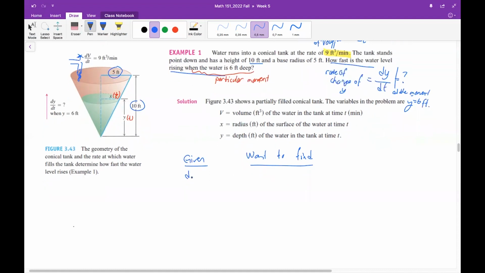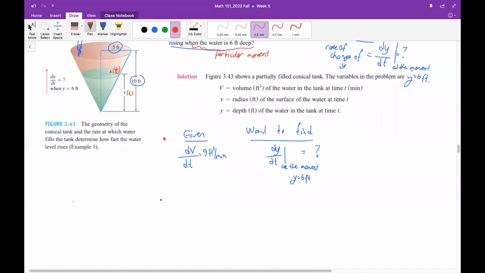This is the given information. And we want to find the rate of change of the water level at the moment when Y equals 6 feet. Okay, this is what we want to find. Let's say this is the first step, okay? The first step is creating this kind of diagram that summarizes your problem.